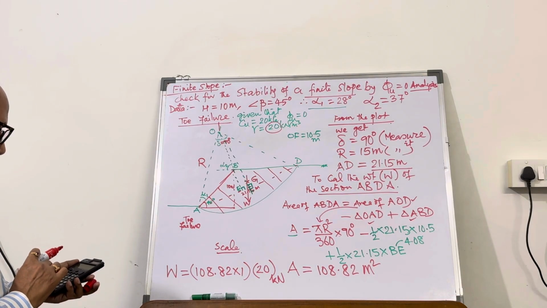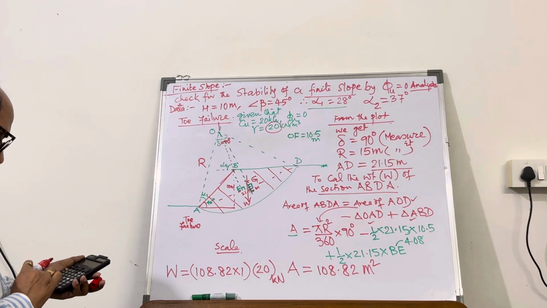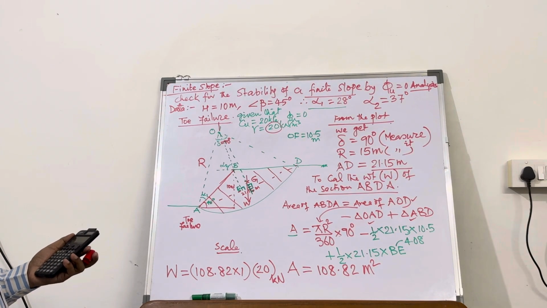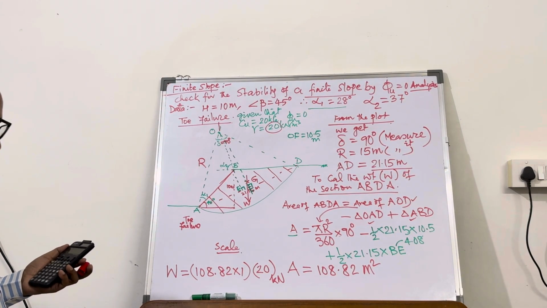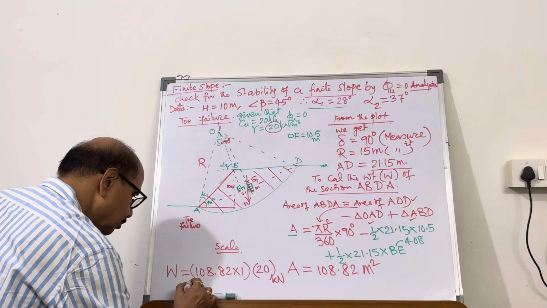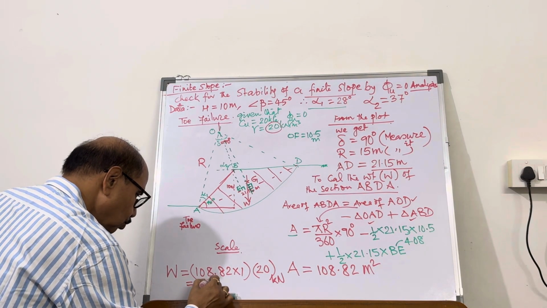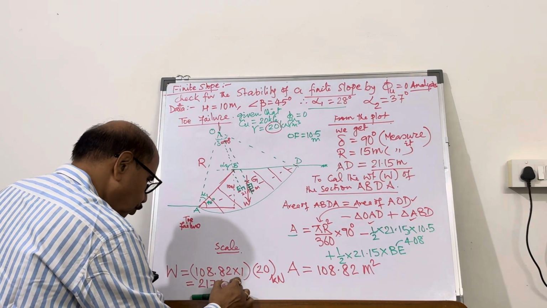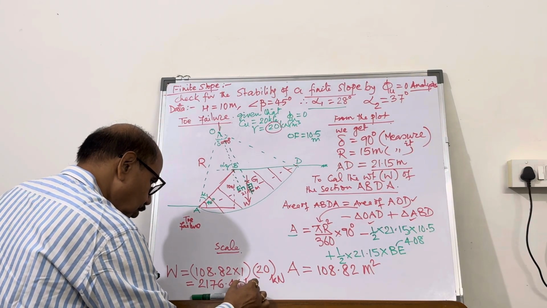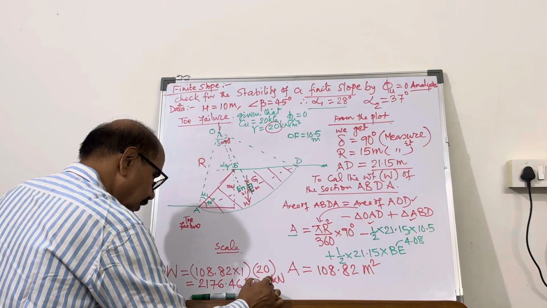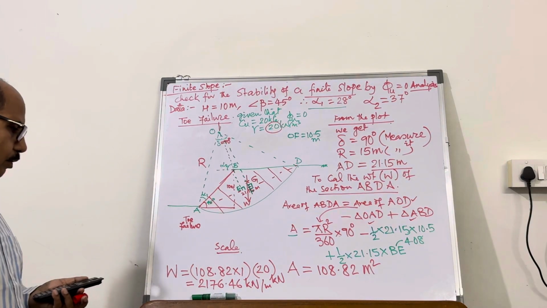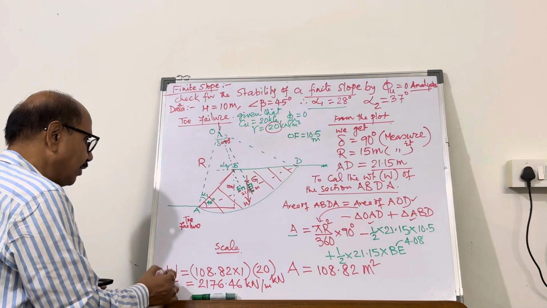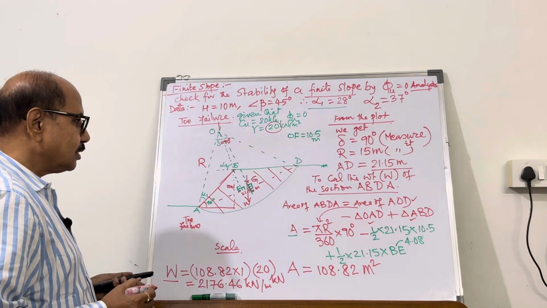So 108.82 into 20, the weight is 2176.46 kilonewton per meter length. So friends, the weight is known to us.